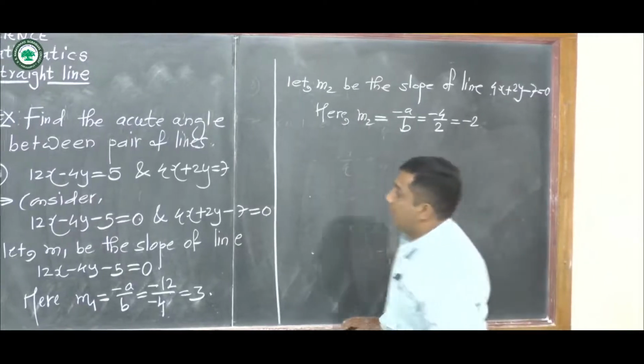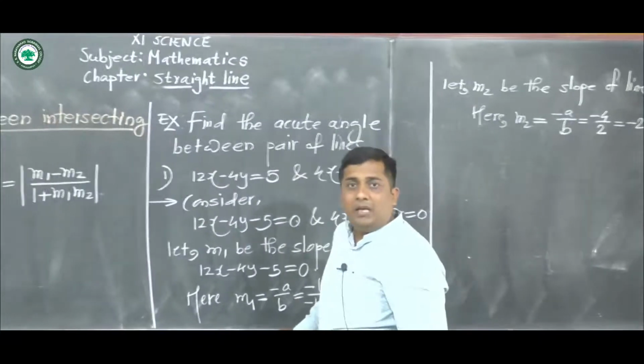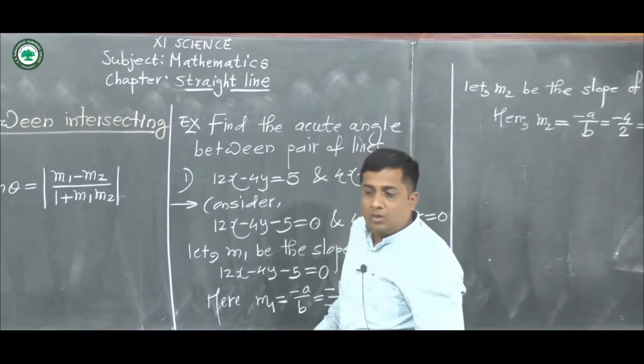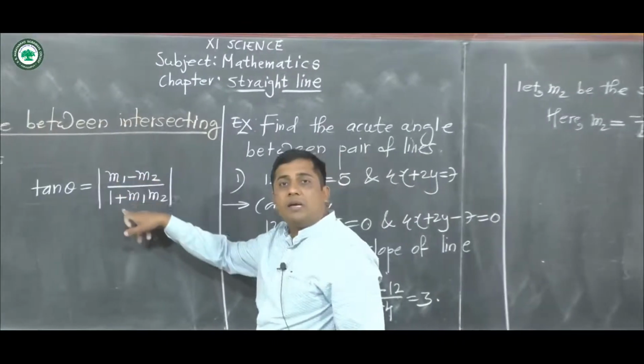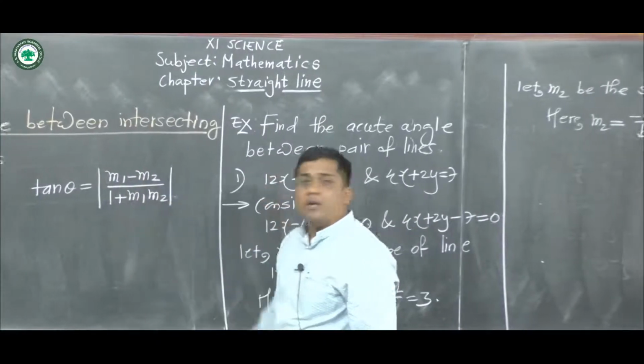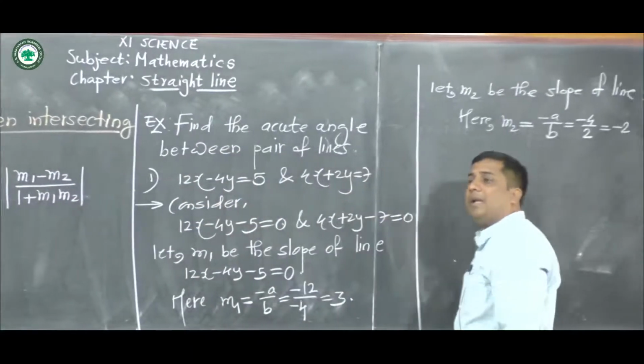Let theta be the angle between these two lines. Directly by using the formula, tan theta is equal to mod of m1 minus m2 upon 1 plus m1 m2, we find the angle.